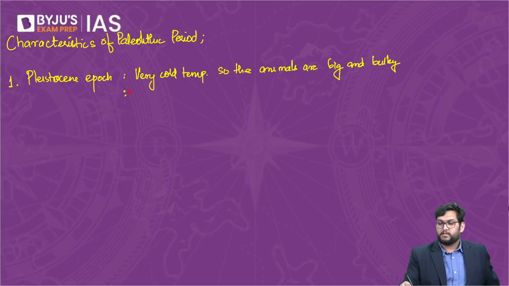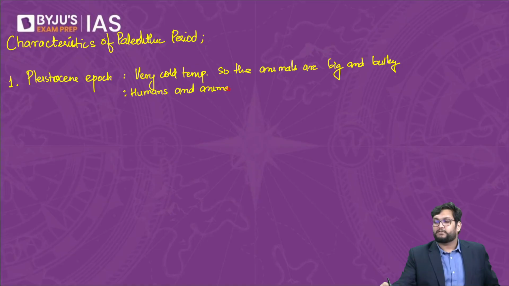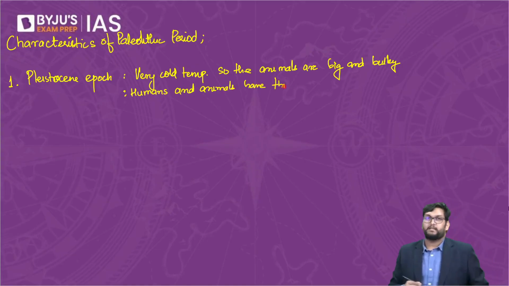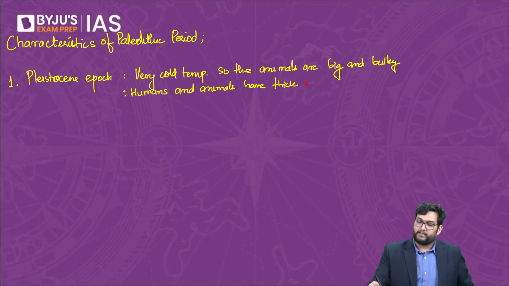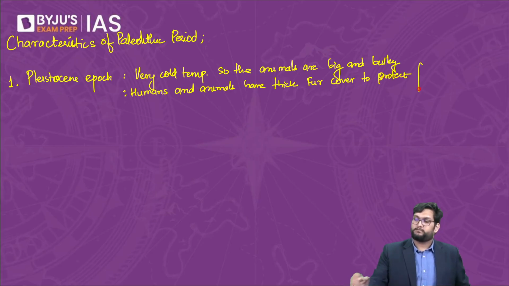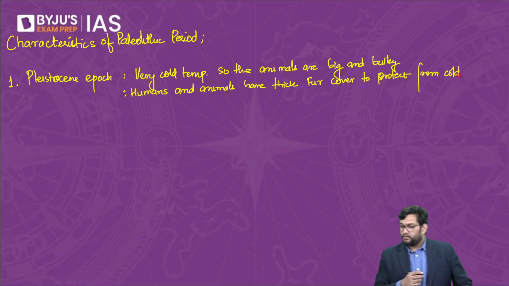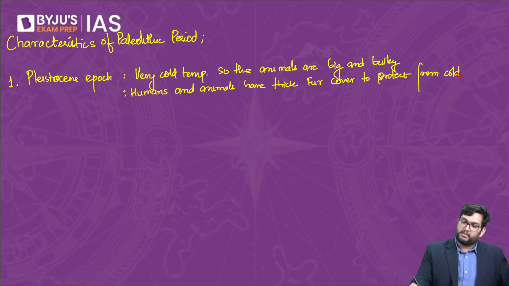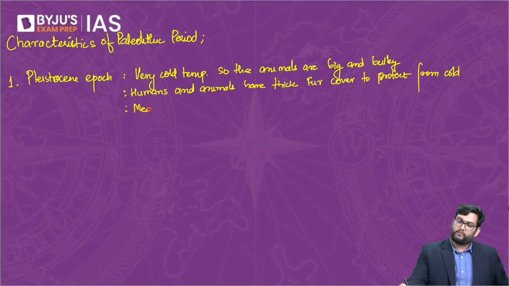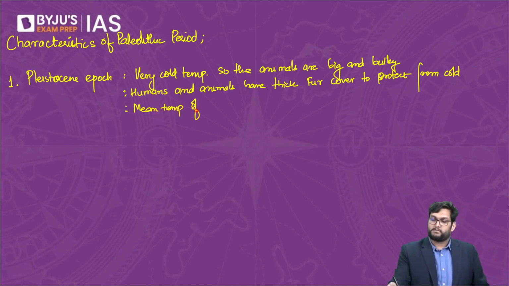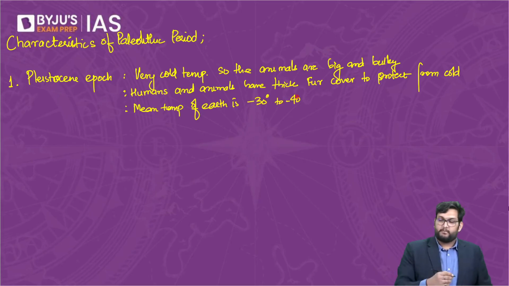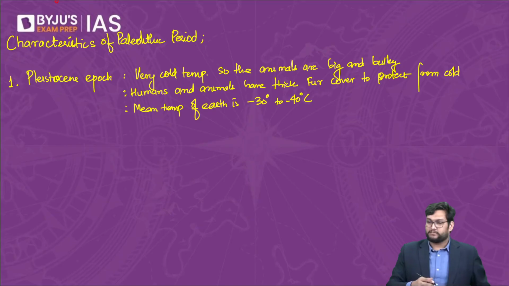Humans and animals have thick fur cover to protect from cold. Mean temperature of Earth is -30 to -40 degrees Celsius.